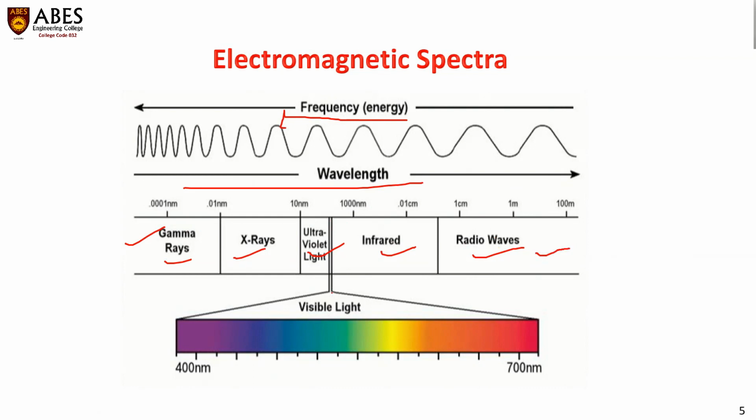A small region ranging from 400 nanometer to 700 nanometer is known as the visible region because this region is visible to the human eye. The ultraviolet region has longer wavelength than X-rays and shorter wavelength than infrared radiation.